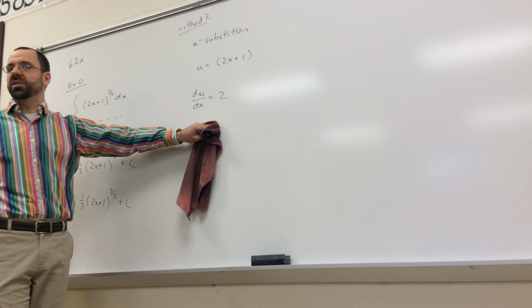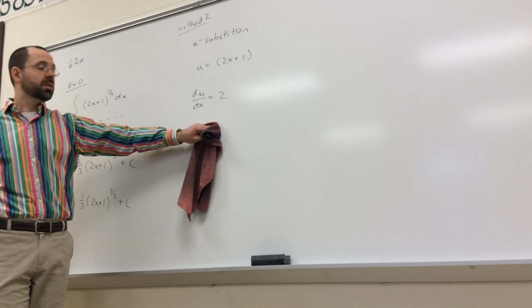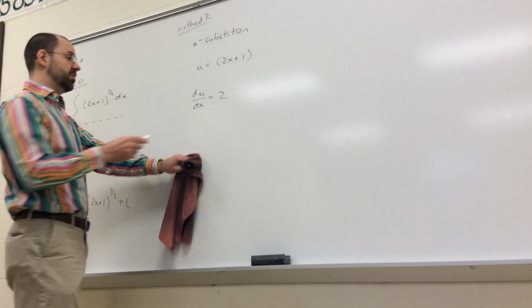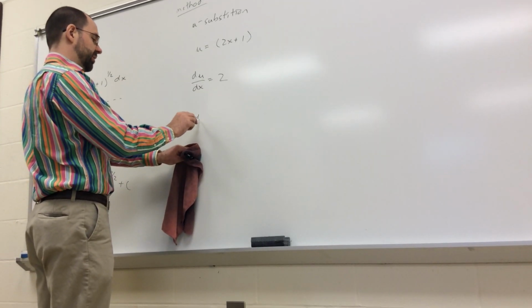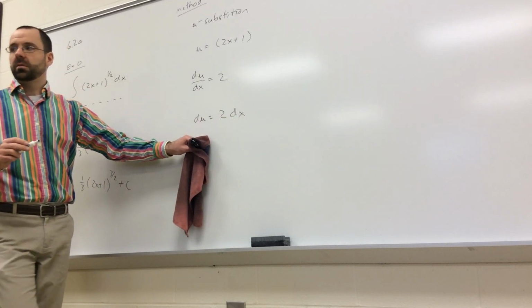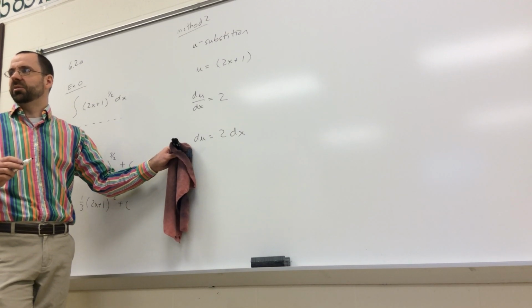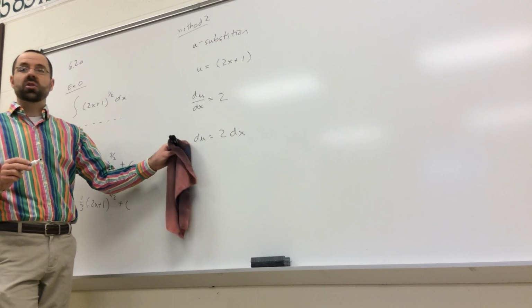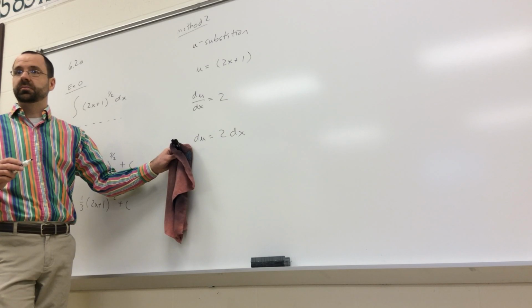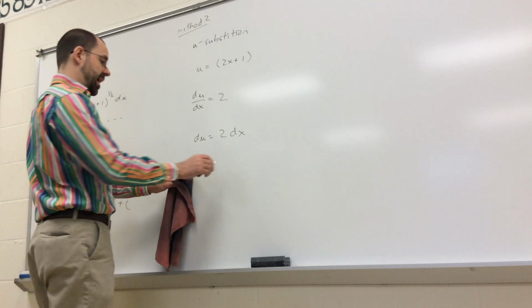We said, okay, there's an inside function, and the derivative of that is 2. Okay, then you write down what the differential is. Remember, this is called the differential. It's been a long time since we've said that. It was before Christmas. This is called the differential. And then you solve for the dx.